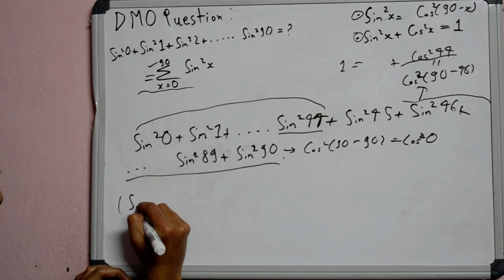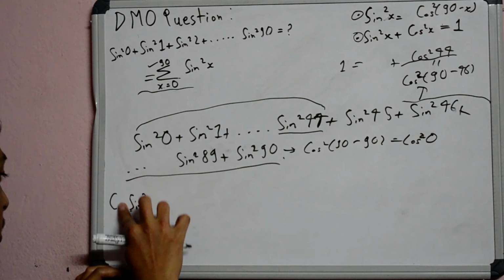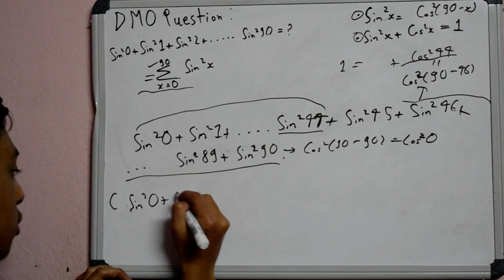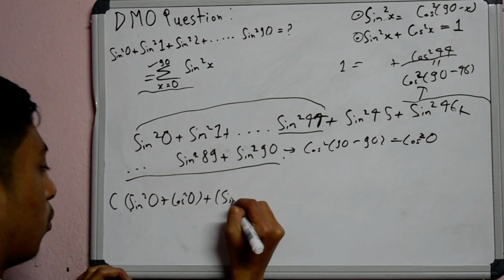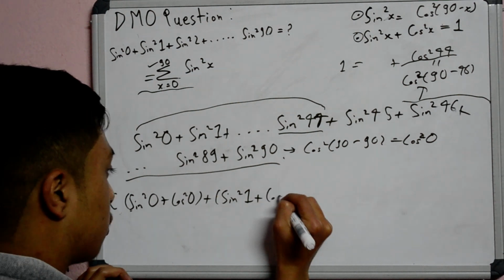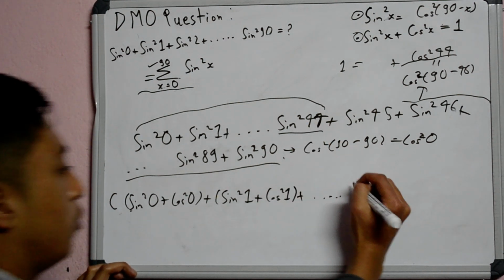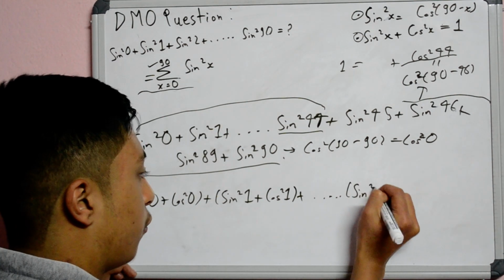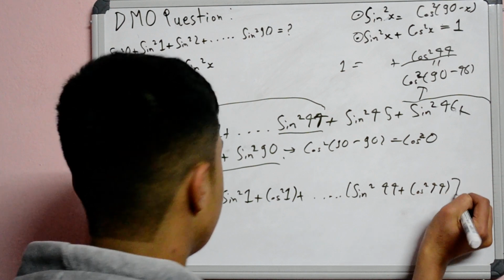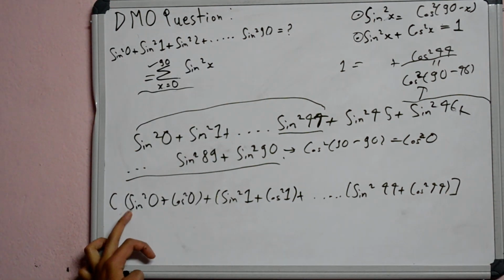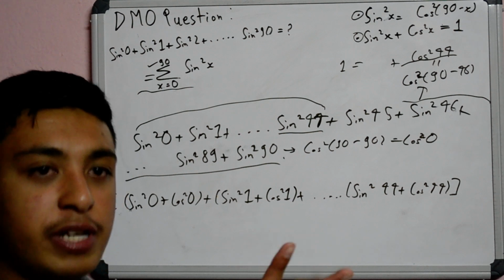So we'll start with sine square 0 plus cos square 0, that is 1, plus, for the next angle, sine square 1 plus cos square 1, that is 1, plus dot dot dot, and our last one will be sine square 44 plus cos square 44. So that means we first begin with 0, then 1, 2, 3, 4, 5.